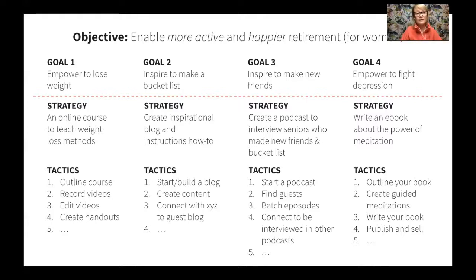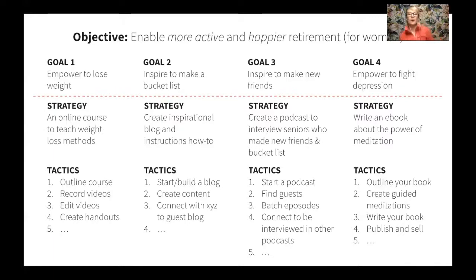So if you're not ready to sell, you can still talk about weight loss and how weight loss is important for staying active in your older years and all that stuff. You can talk about how great it is to have a bucket list and how great it feels to check things off from your bucket list and how that enables you to be more active, and different kinds of bucket lists and what it means when you're a retired person doing this.